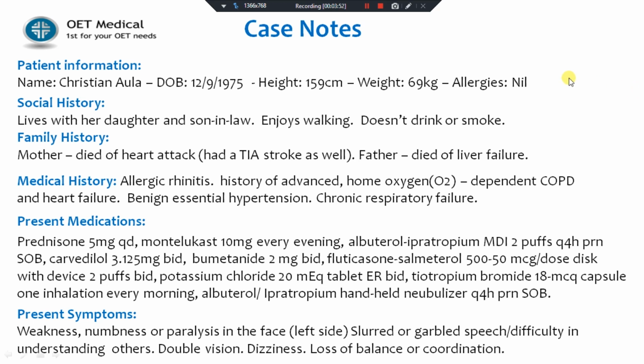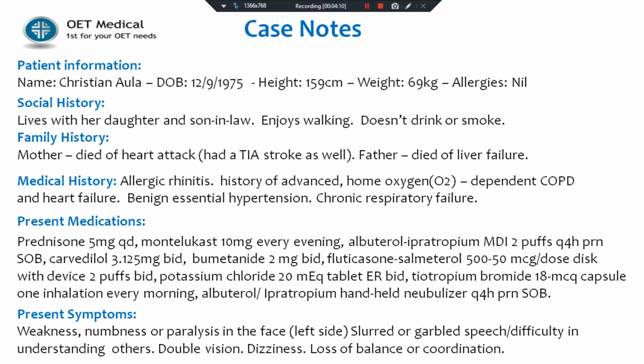So we have some patient information. I've laid it out here as patient information, social history, family history, medical history, present medications, present symptoms. We won't go through all of these now.